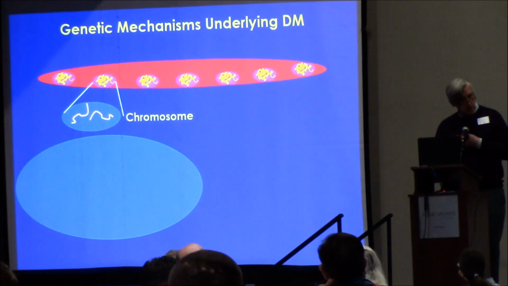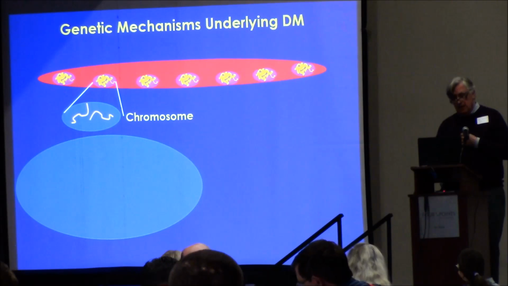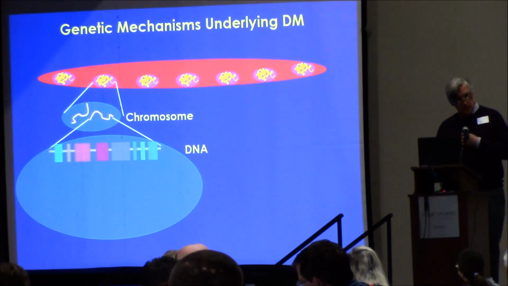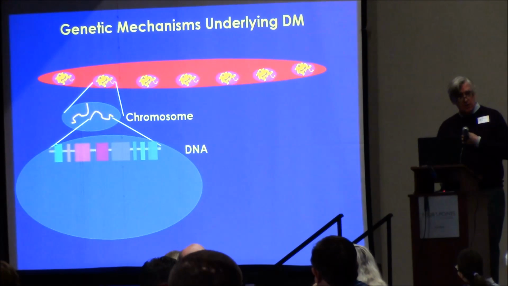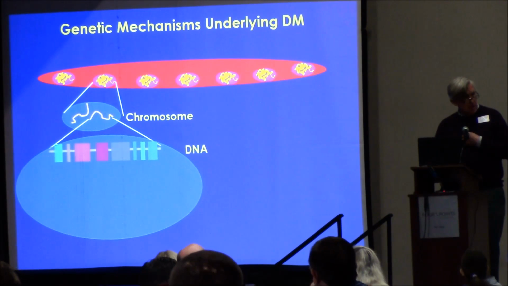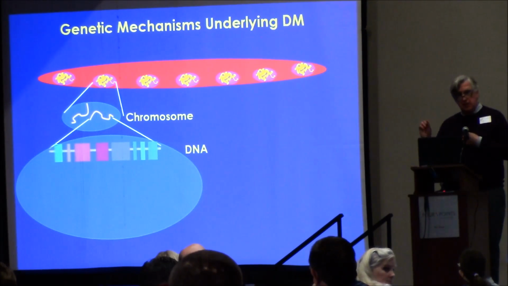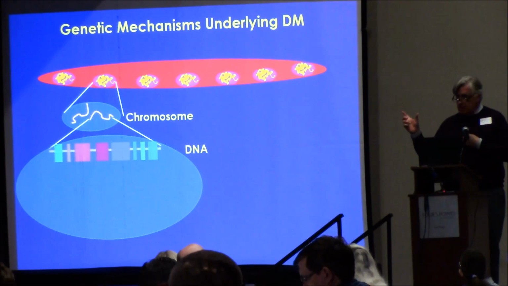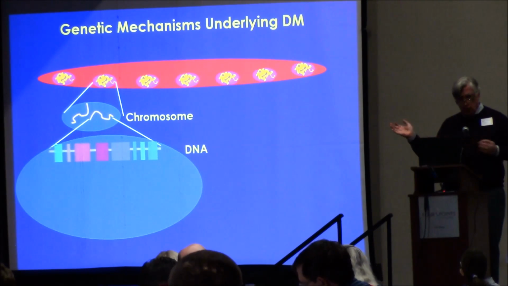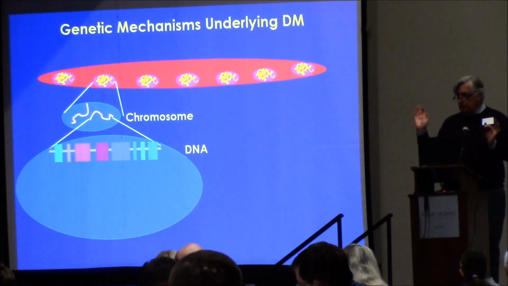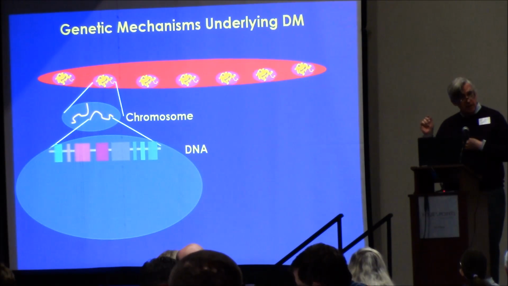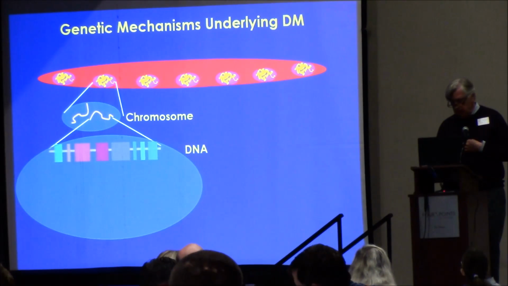Within the nucleus, as Dr. Grossman pointed out, the chromosome is organized into different genes, so you've got 30,000+ genes in all of your chromosomes. One of those 30,000 is the one that carries that repeat expansion, so the other 34,000 might be fine, but that one has the repeat expansion.